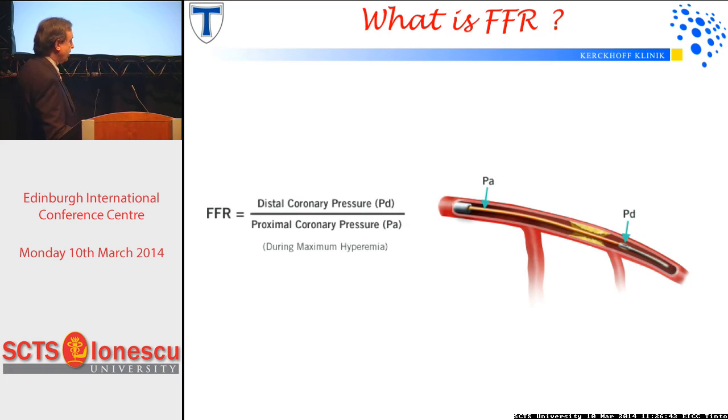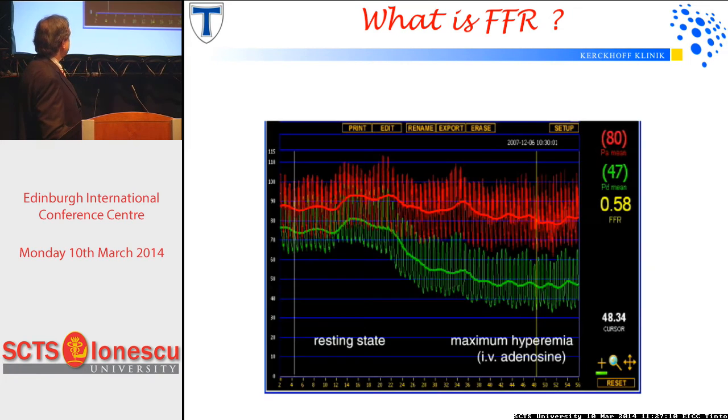What is FFR? FFR is the relation of the pressure distal to the stenotic lesion to the proximal pressure, and if that relation is less than 0.8, it's considered to be abnormal, because a relation of less than 0.8 is also linked to a poor outcome in these patients.